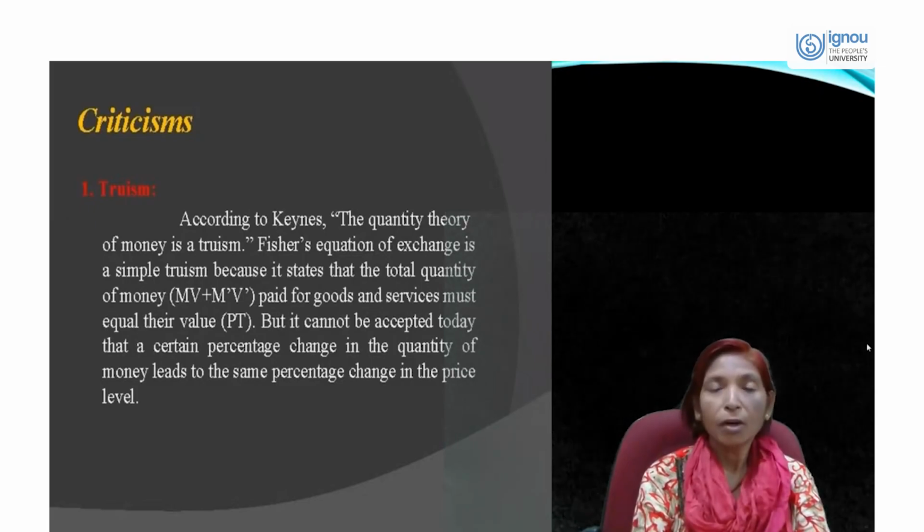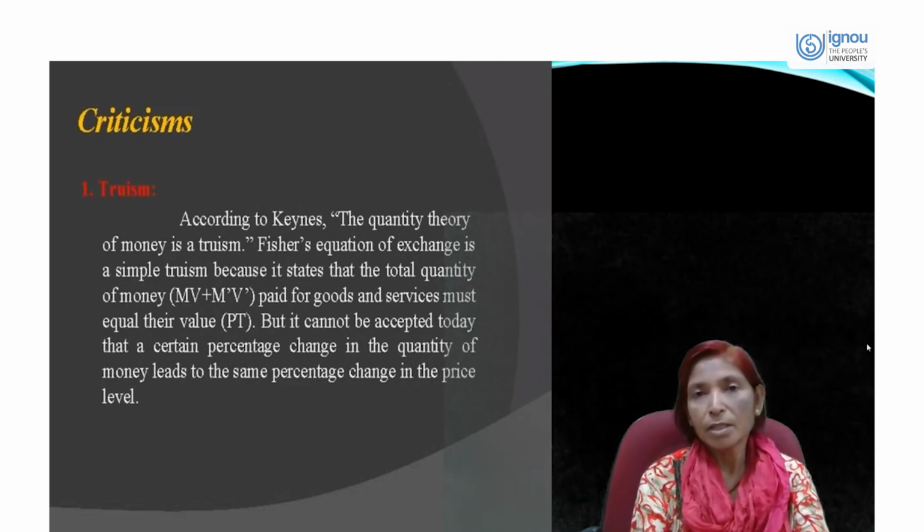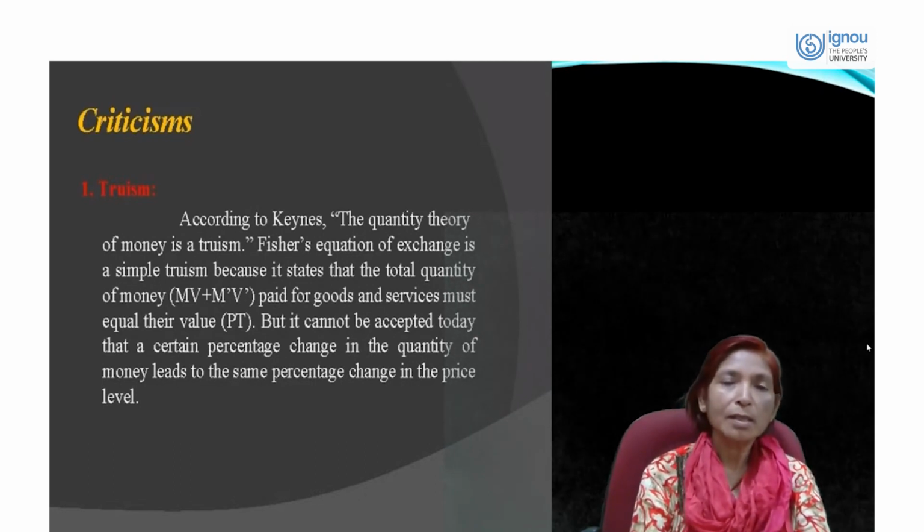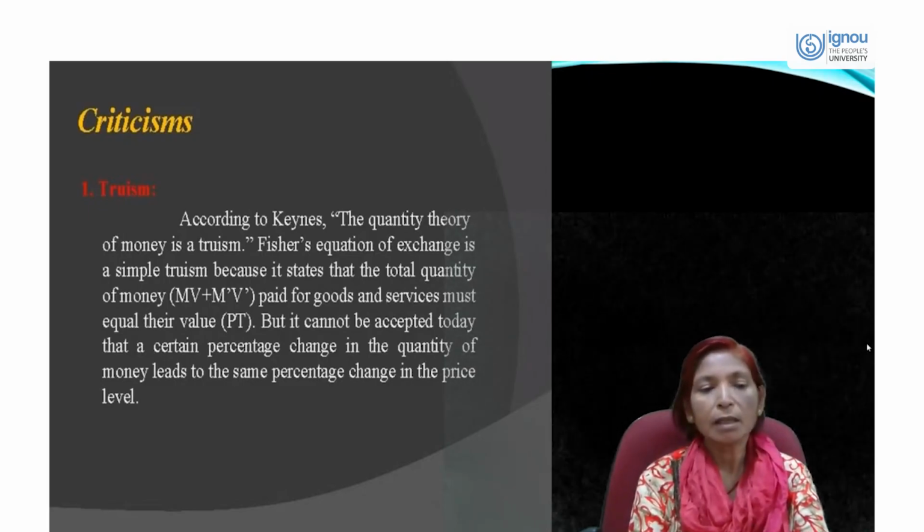But it cannot be accepted today that a certain percentage change in the quantity of money leads to the same percentage change in the price level.